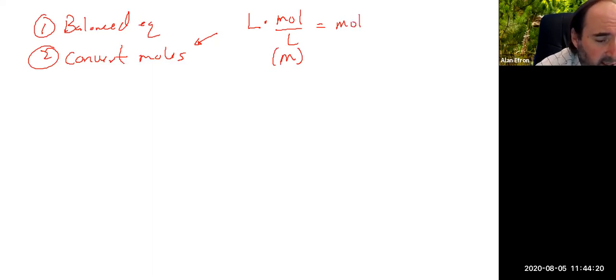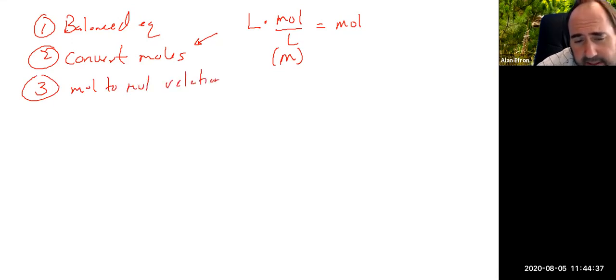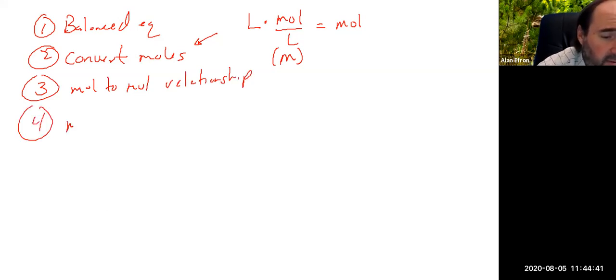So usually in a titration problem, you have some volume given to you, maybe in milliliters, you need to convert to liters. You usually have the molarity given to you, and you can use that to do that. The rest of it is kind of the same. You do the mole to mole relationship. And the other difference is number 4 here, where we go from moles to some other unit.